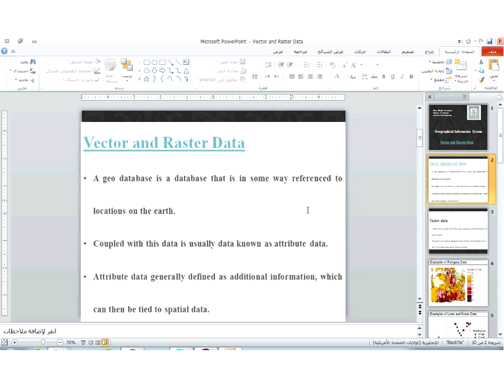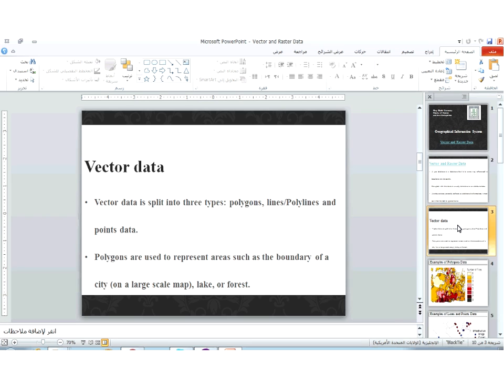Now we come to the first data model, which is called the vector data map or vector data model. Vector data is split into three types. That means the data types of vectors can be classified into polygons, lines or polylines, and points.